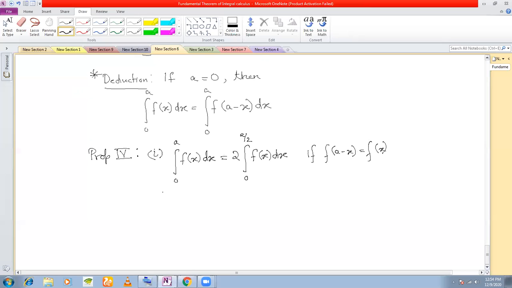Okay, so this happens only under this condition. If this is not satisfied, then you cannot write it this way.